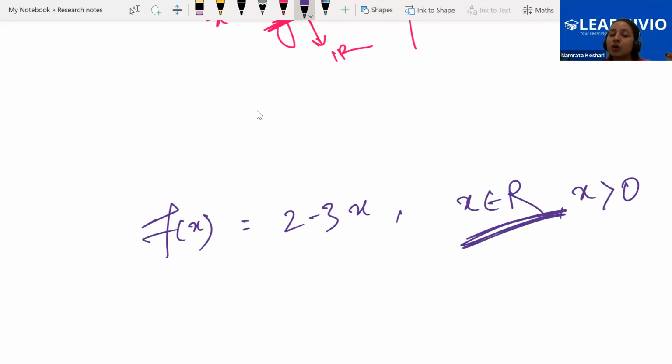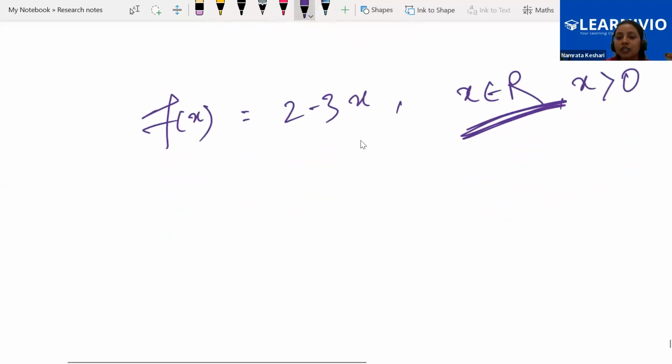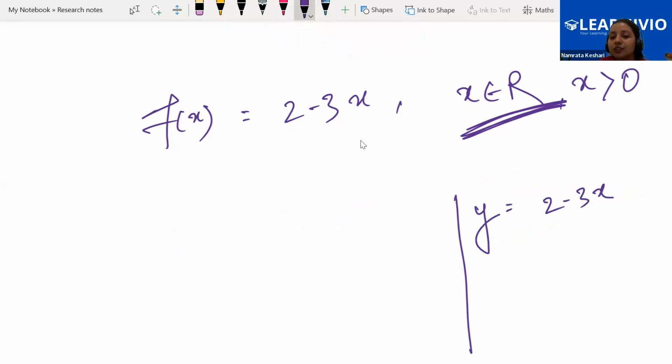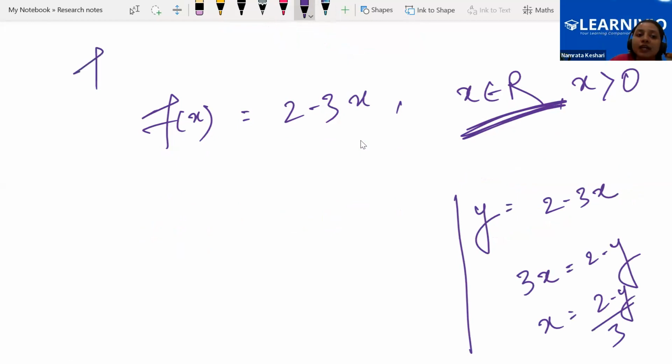We could have started solving it just like the previous case: y is equal to 2 minus 3x, and then 3x is equal to 2 minus y, and then x equals (2 minus y) by 3. This is how we could have written, and we started thinking about what can be the possible y value, that is the range, because here we have to find the range of this function.